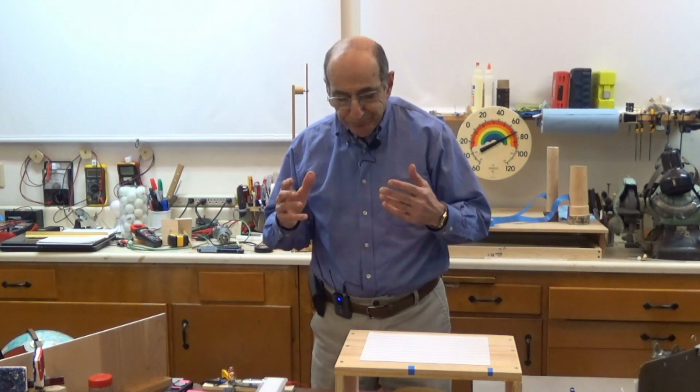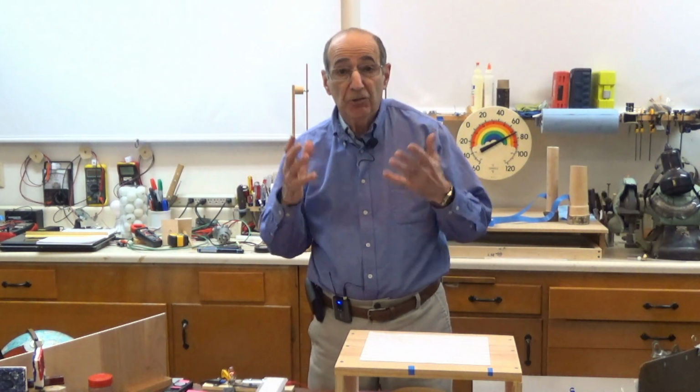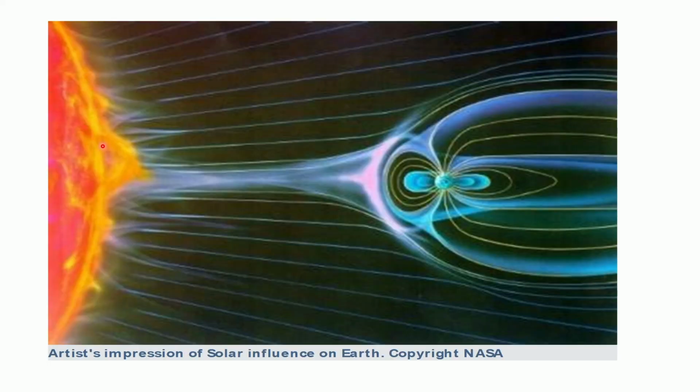So let's take a look at the problem that the Earth's magnetic field solves for us. Here's a conceptual drawing of something called the solar wind. It's emphasized by these lines shooting out into space. I say conceptual because, as you can see, it is not to scale, and it doesn't capture the complex Sun-Earth magnetic entanglement.